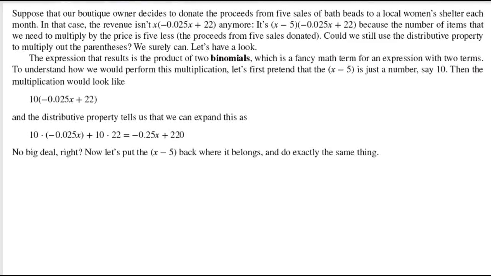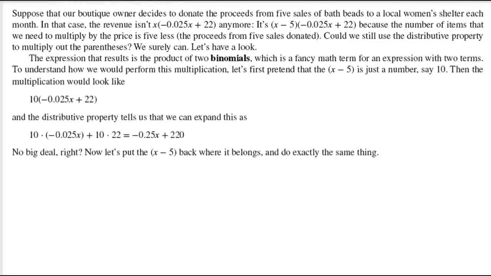In that case, the revenue isn't x times negative 0.025x plus 22 anymore. It's x minus 5 times the quantity for price. So because the number of items that you will need to multiply by the price is 5 less. So we're going to give up the revenue from 5 of those bath beads.